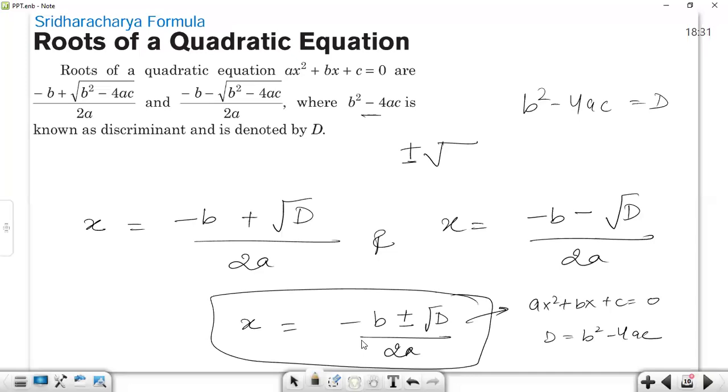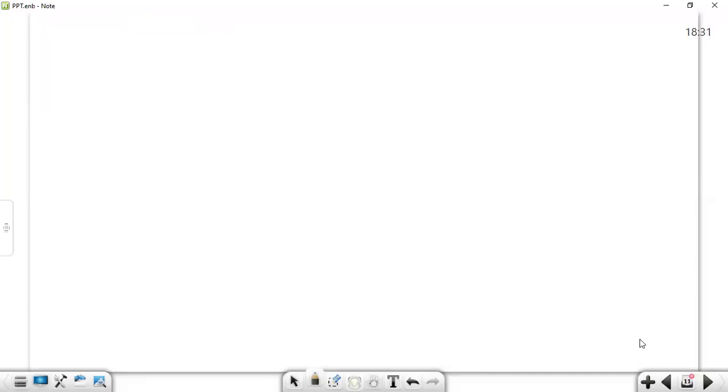Okay, clear? Let me give you an example, it will be more clear. So let's discuss x square minus 24x plus 44 is equal to 0. What is a here?